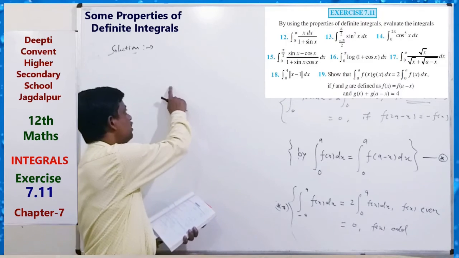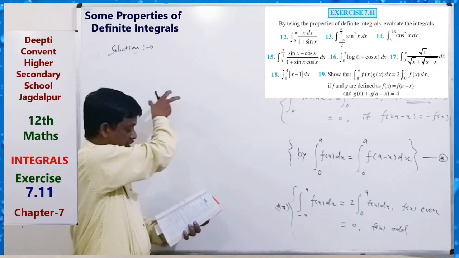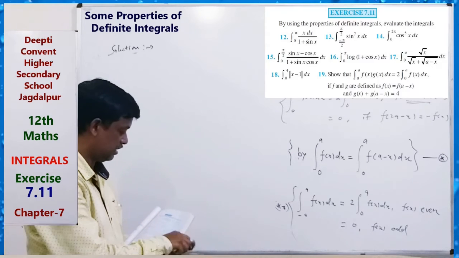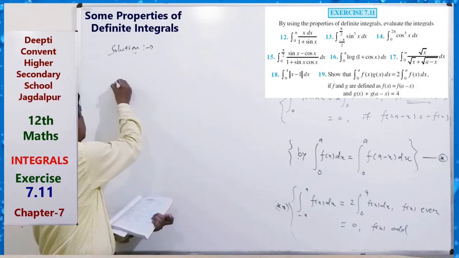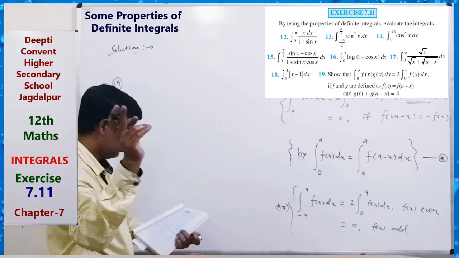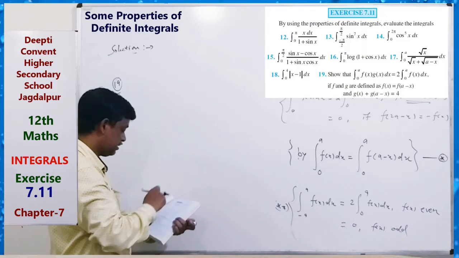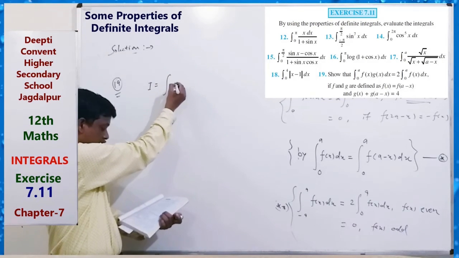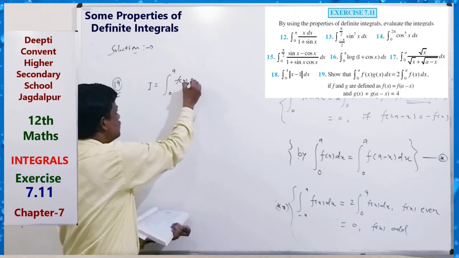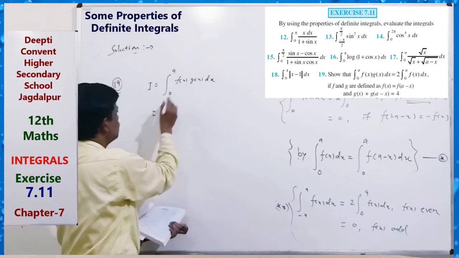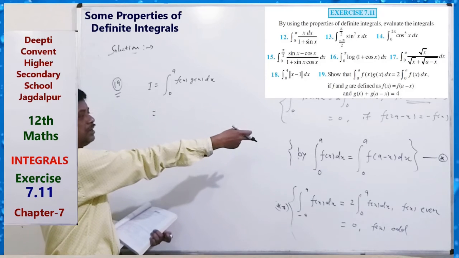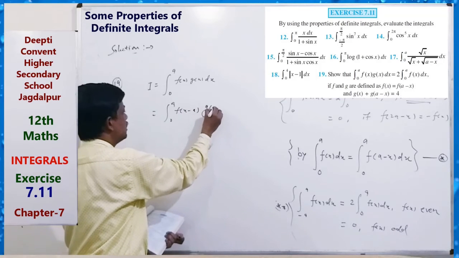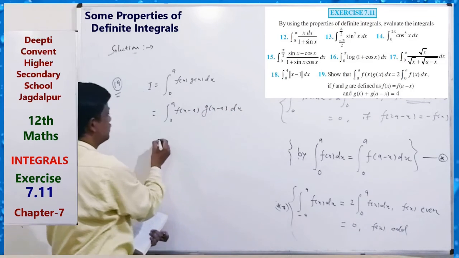We have to show this integral, so take the left-hand integral. Let I be the integral from 0 to a of f(x)g(x) dx. Now use the a minus x property: the integral from 0 to a of f(a − x)g(a − x) dx.